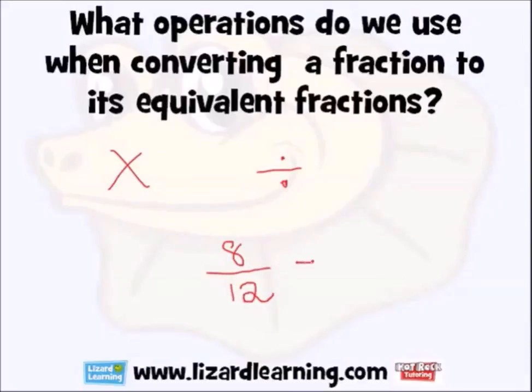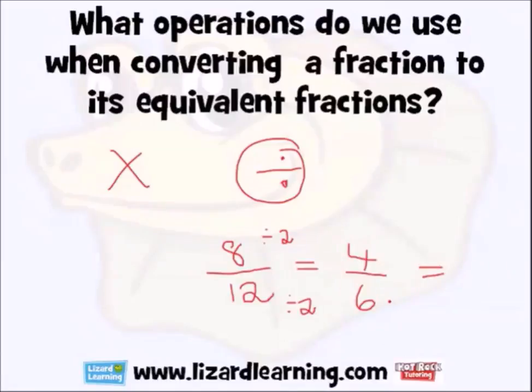I want to reduce that to an equivalent fraction with smaller numbers. Okay, what can I divide into both of those numbers? I can divide 2, so we'll do that. If I divide the top by 2, I must divide the bottom by 2. 2 into 8 goes 4, 2 into 12 goes 6. Right, I'm using the divide to make the fraction smaller in numbers, but not smaller in size.